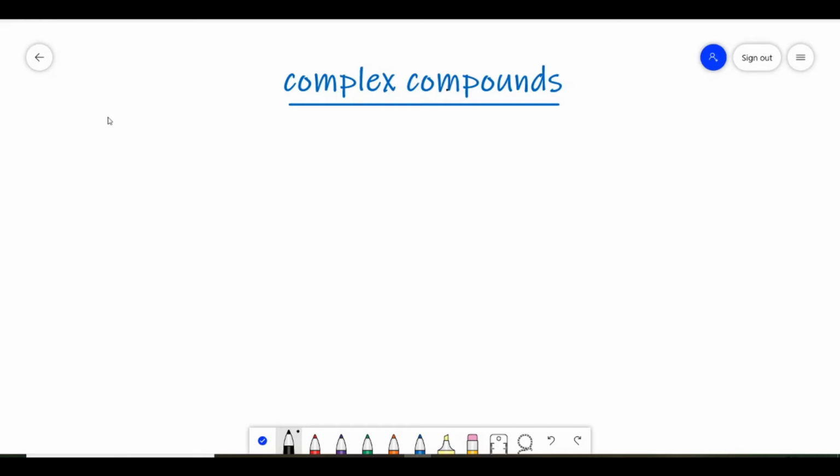In the complex compounds, first we have to know what is meant by a complex. For example, let us take K4[Fe(CN)6]. This is one compound.